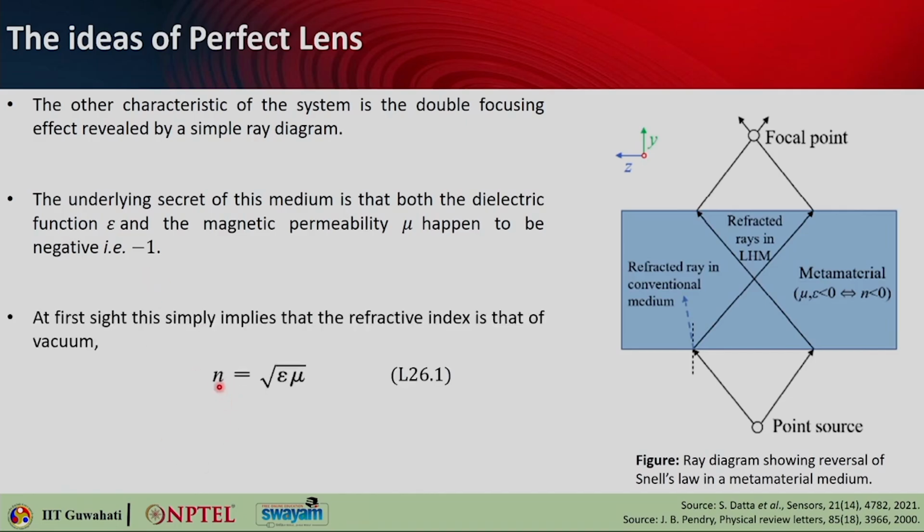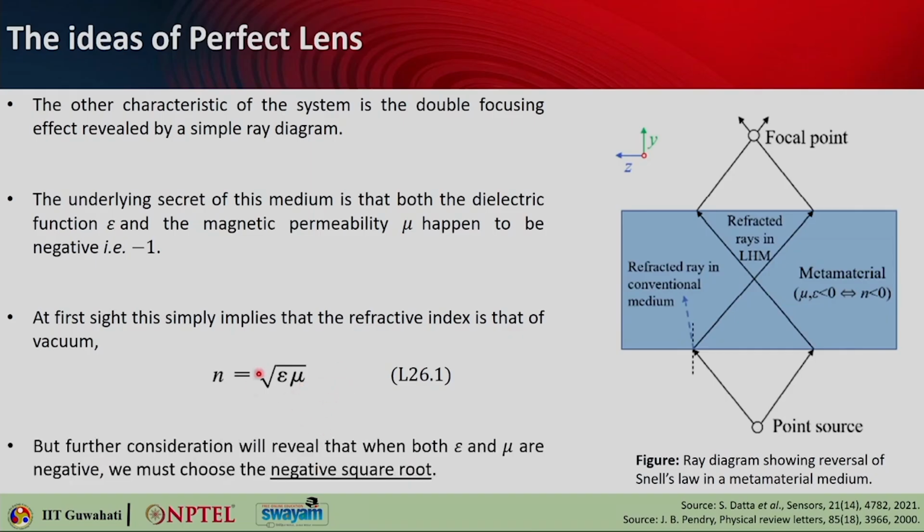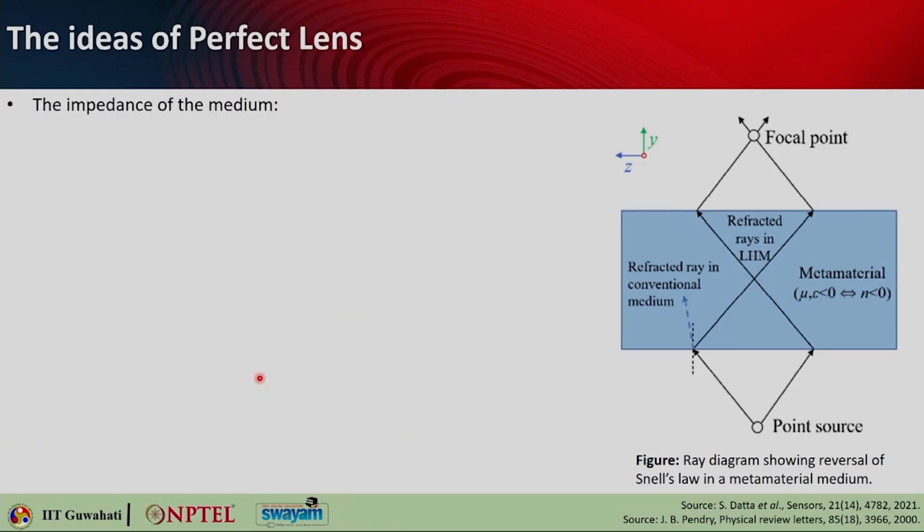So, how does it work? n is typically taken as square root of epsilon mu. When epsilon and mu are both -1, to judge this particular square root you have to take the negative sign, and that allows you to get n equals -1. But if you look into the impedance of the medium, impedance can be calculated as z equals square root of (mu mu naught) over (epsilon epsilon naught).